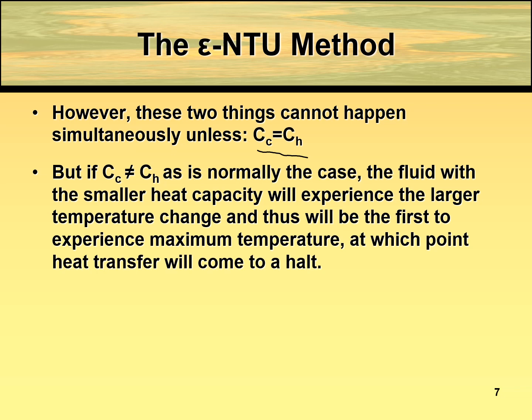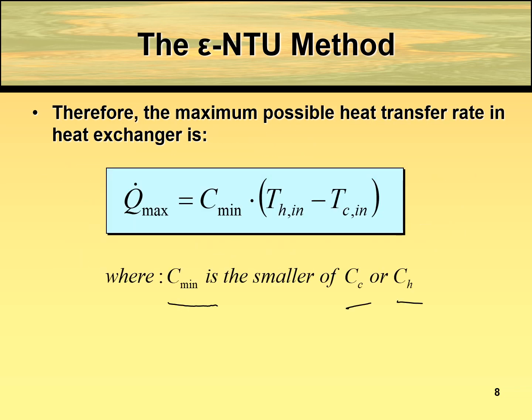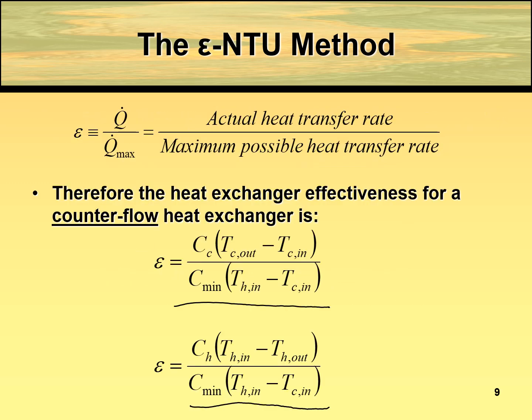Otherwise, the fluid with the smaller heat capacity will experience the larger temperature change, and thus will be the first to experience the maximum temperature, at which point the heat transfer will stop. So the evaluation for Q max is given by C min times delta T maximum. C min is either C for the hot flow or cold flow, whichever is lower.